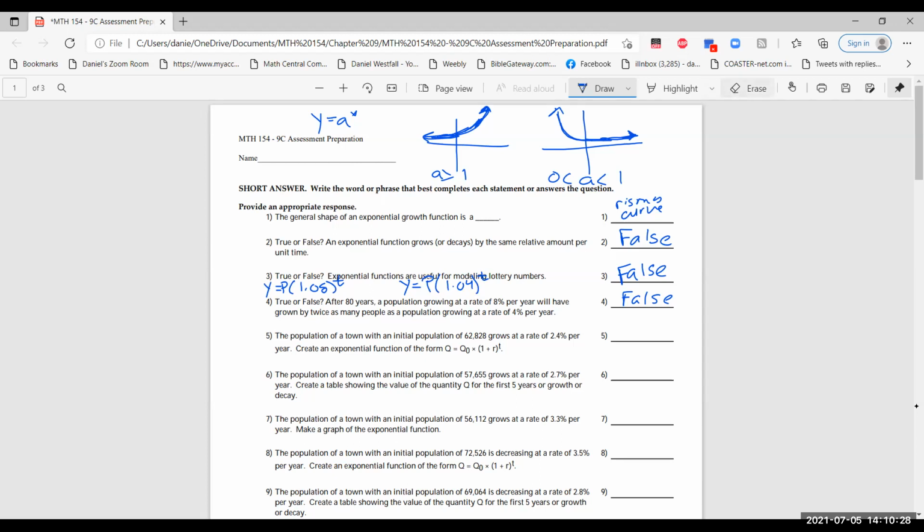And for the sake of argument, the question then becomes, after 80 years, is this number twice as much as that number? No, it's not. Prove that. Let's go ahead and put this over here.